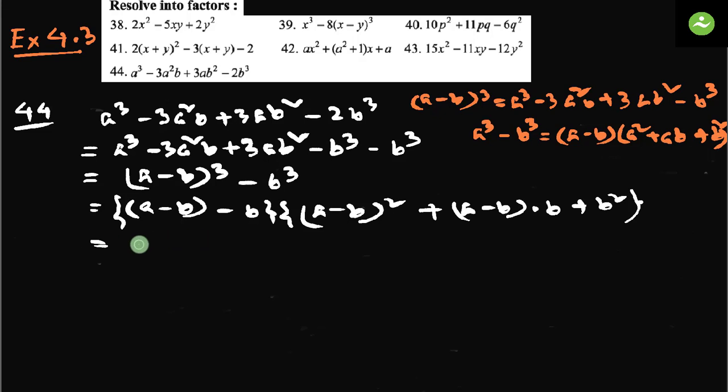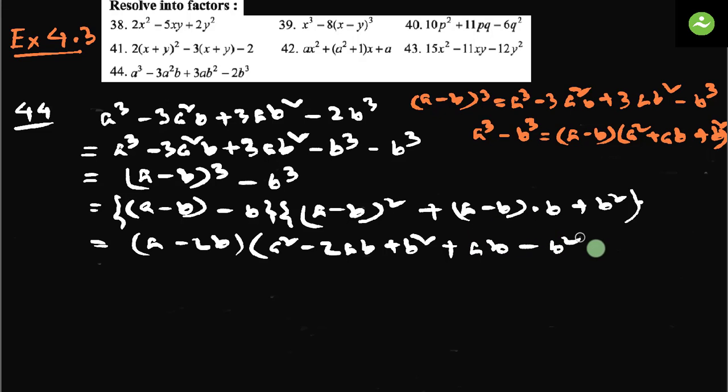equals to (a minus 2b) into, if we simplify, what we get here, a square minus 2ab plus b square plus ab minus b square plus b square, equals to (a minus 2b) into, how many a square here? 1 a square.